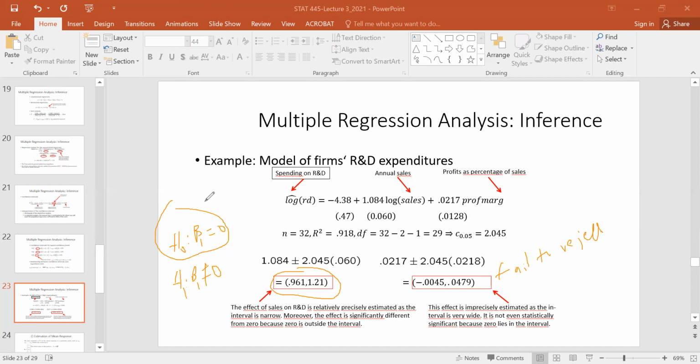But over here, I'm hypothesizing it is 0, but the confidence interval, which is supposed to contain it, doesn't contain 0. So I have to reject this. That's how we use a confidence interval to reject. And the note is here to help you: if a confidence interval contains 0, you cannot reject that the true value is 0.